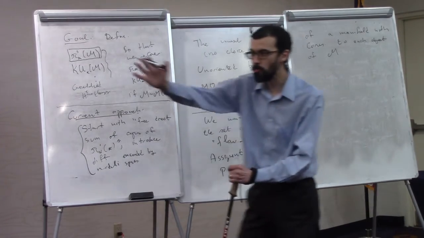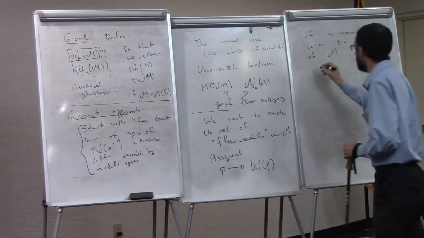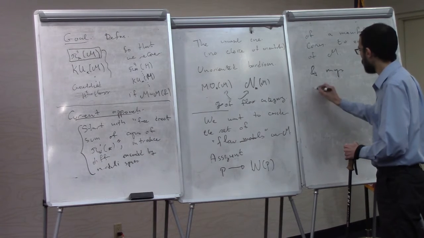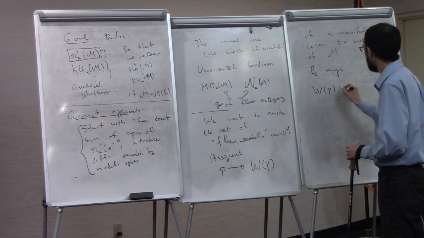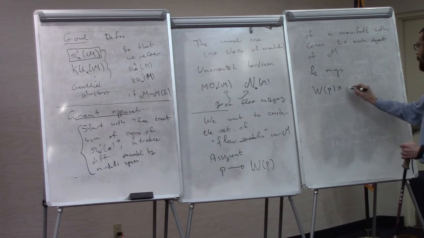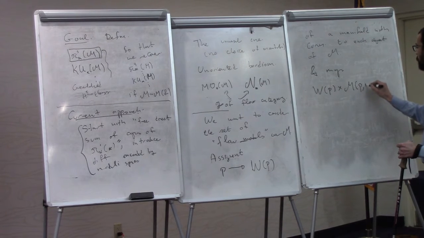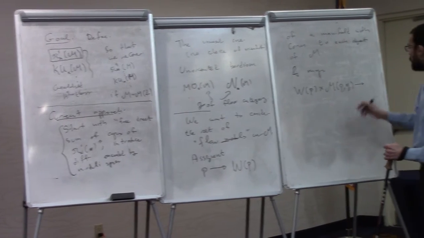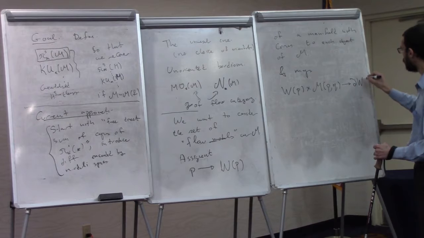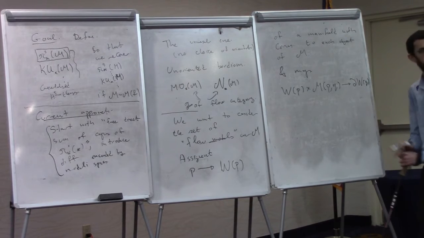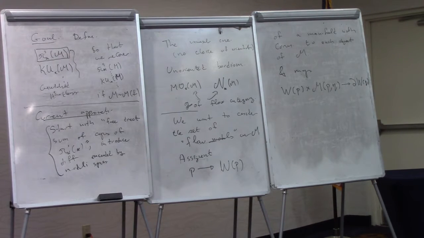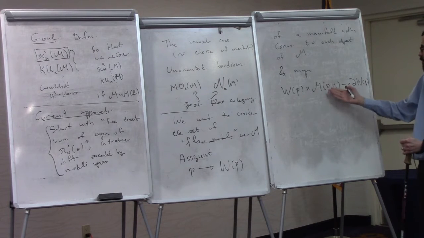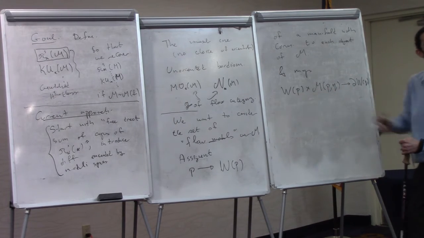You should think of it as a module over this category. So that means with maps, W_P across the space of morphisms M_PQ to the boundary of W_Q. Well, this is a manifold with corners, so I'm going to write a boundary of W_Q. This is a manifold, that's a manifold. I think of this as the action of the morphisms in the category on these modules.